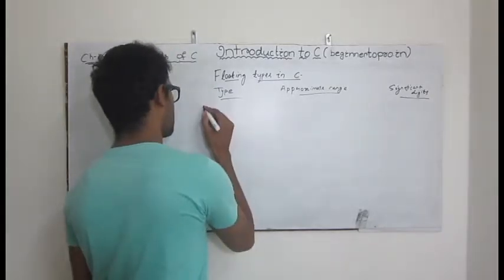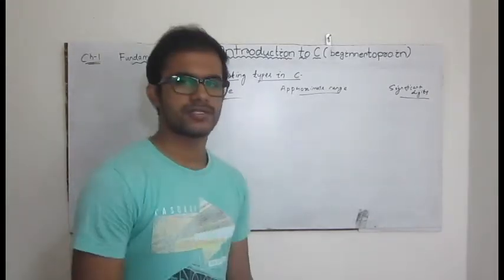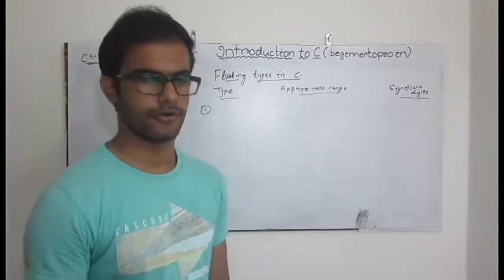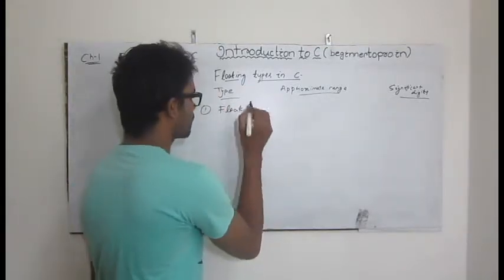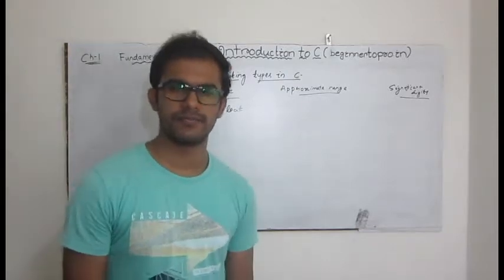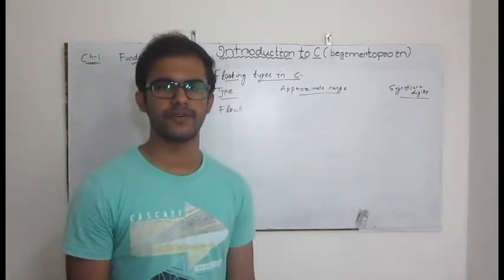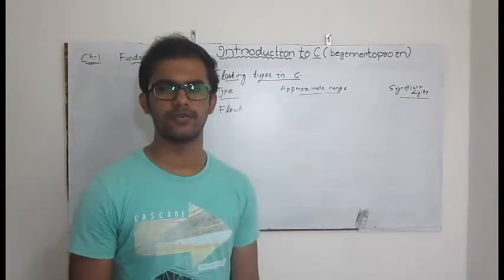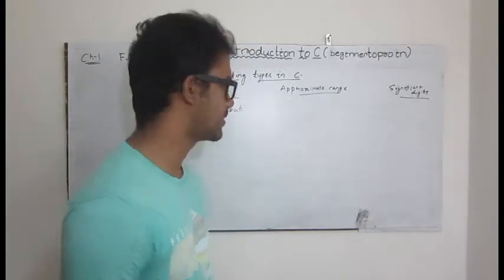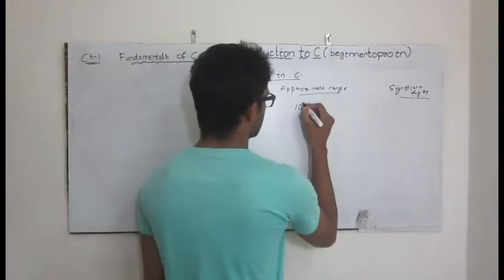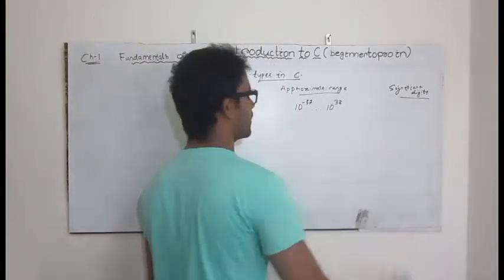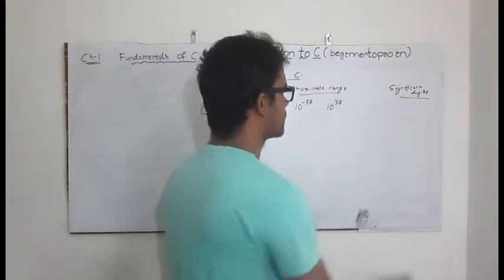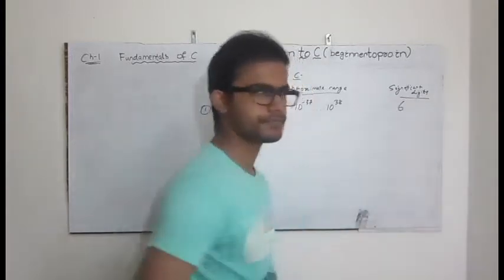So our first type is nothing but a float, and its approximate range is from 10 to power minus 37 to 10 to power 38, and the significant digit will be 6.